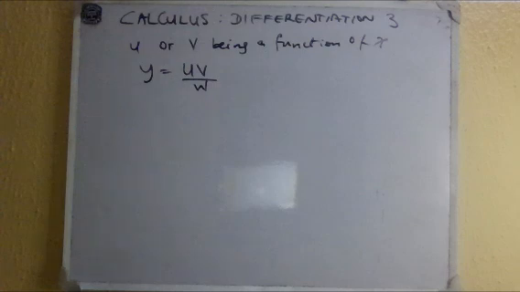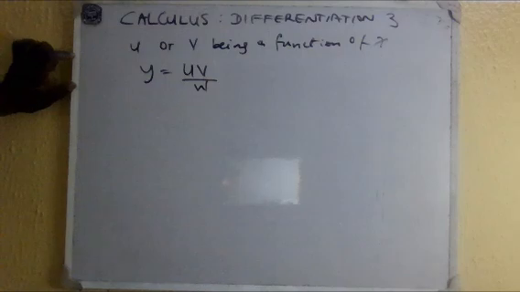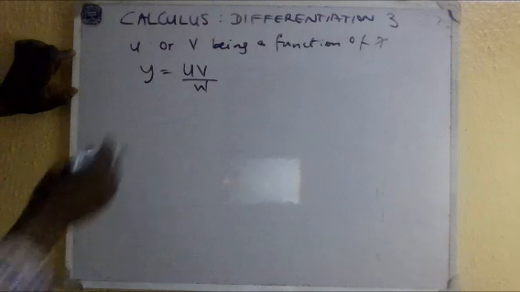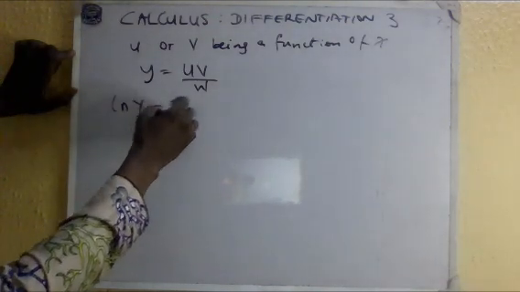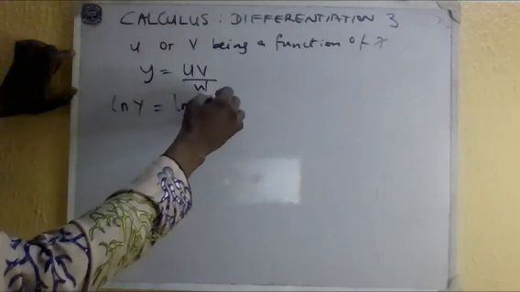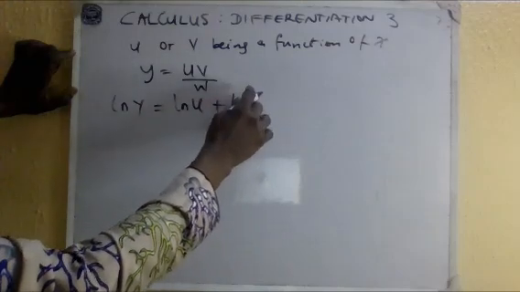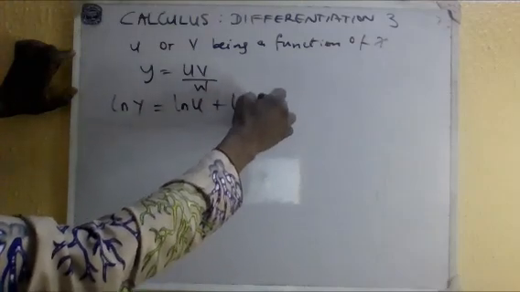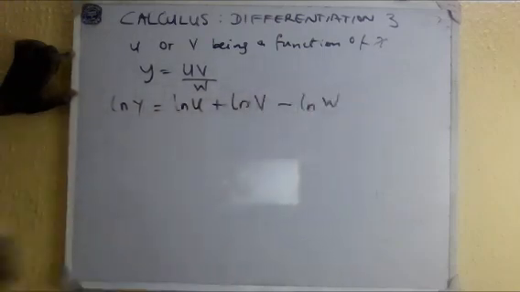So the general expression is to take the ln or logarithm of each of the terms there. So this can be expressed as ln y is equals to ln u plus ln v minus ln w. So this is how it's being expressed.